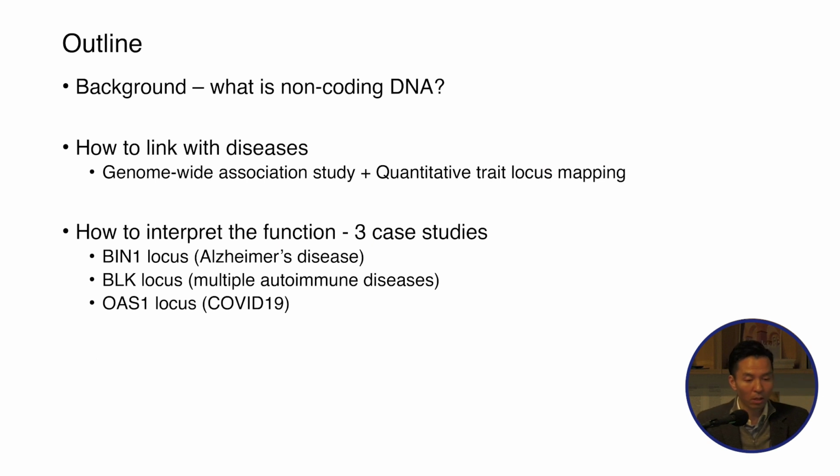So the outline of today's talk is, first of all, I would like to explain what non-coding DNA is, if you are not familiar with it. Then I would like to explain how to link it with diseases, and here we would use some epidemiological or population genetics approach called genome-wide association study and quantitative trait locus mapping.